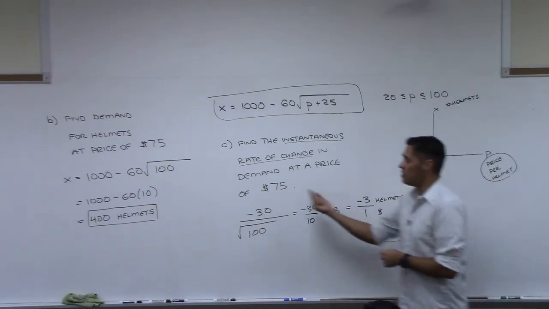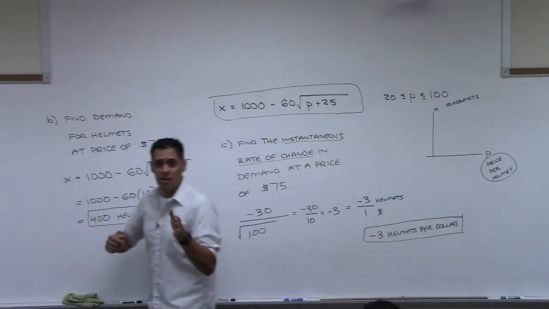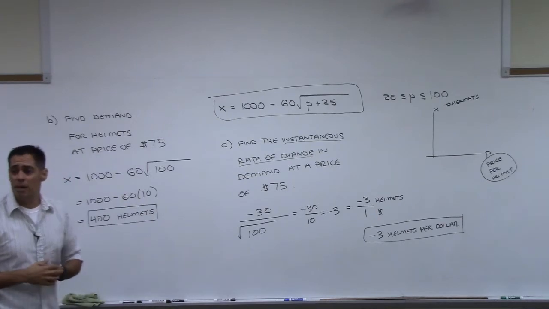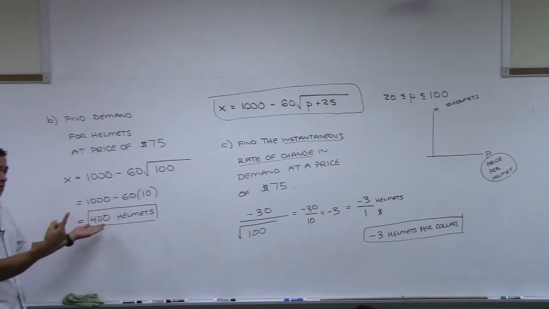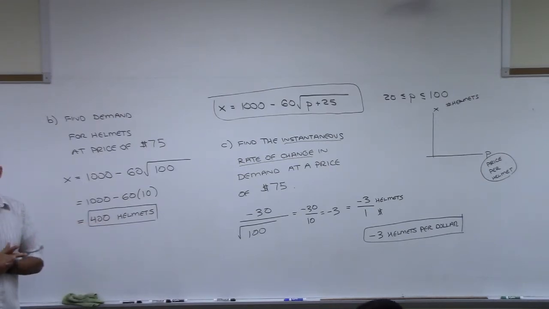So if we go up to $76, we should expect our demand to come down by 3. Our demand was 400, so if we increase the price by $1, we should expect 397 as our demand.